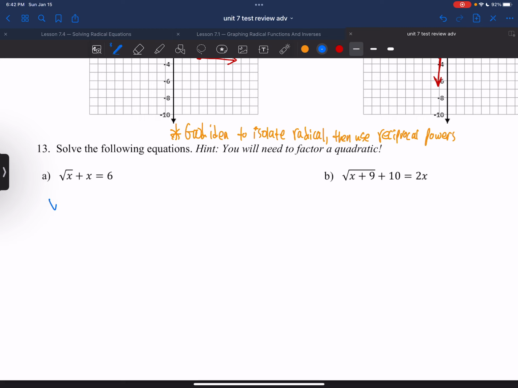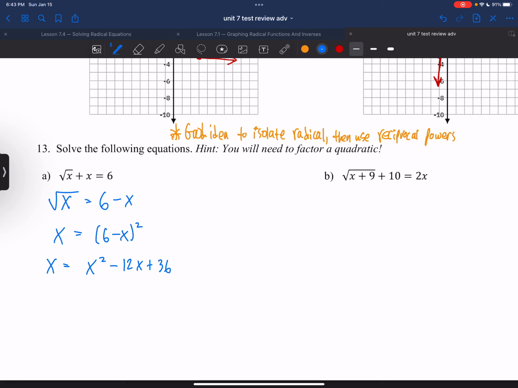I'll subtract x from both sides, so it's root x equals 6 minus x. Then I'll square both sides, so it's 6 minus x squared, and so this will be x equals, let's expand that. When you expand it, you'll get x squared minus 12x plus 36.